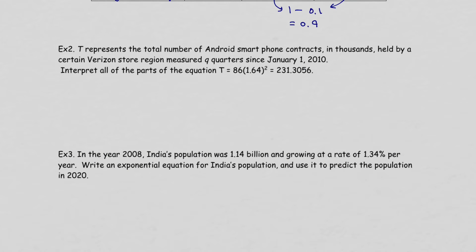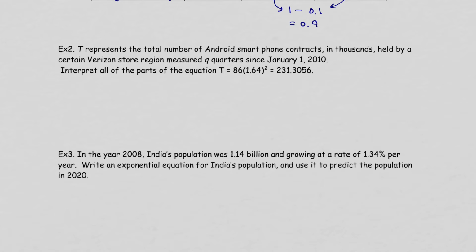Okay, so if we're looking at example 2, what they're asking you to do is just explain the equation you already have about this Verizon store, right? So this is already information given. What does T stand for? That T, which is this value, represents the total number of Android smartphone users or contracts, right?